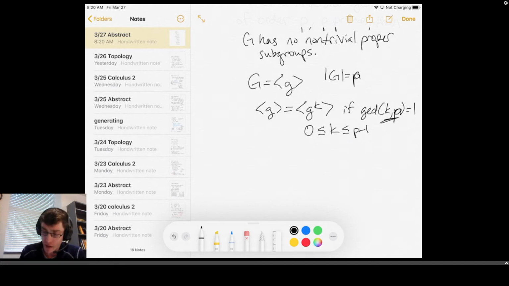Yeah, any of these, all of these, except 0, have GCD of K and P equal to 1.